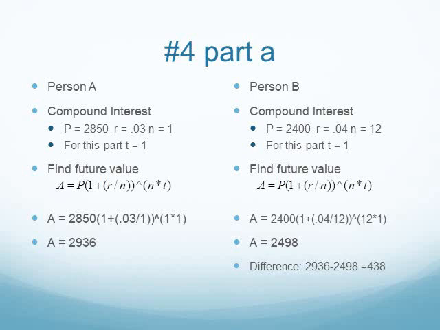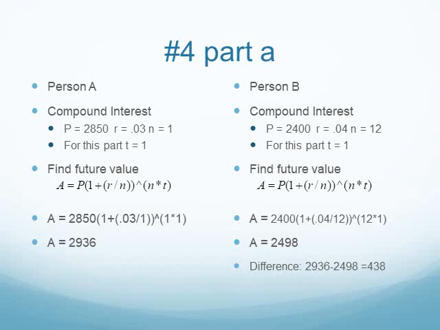Okay, and the first person is only 1 compound per year. Okay. Then the other person has a rate of 4%, which I changed to a decimal, 0.04. And then this person was compounding monthly, so therefore their N has to be 12. That's 12 compounds in a year because there's 12 months in a year. Okay? And for both people, the time is just 1 year at this point.